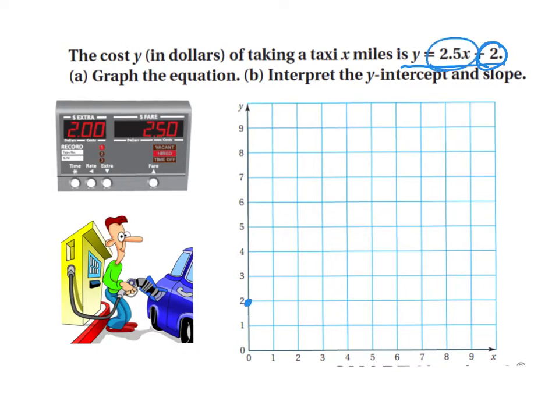So I'm going to get this into a fraction form. 2.5 is 2 1/2, which is 5 over 2. So my slope is 5 up, 1, 2, 3, 4, 5, and to the right 2. And I'm going to run out of room, basically. But this would go up this way. So we're going to talk about what exactly these mean, okay?